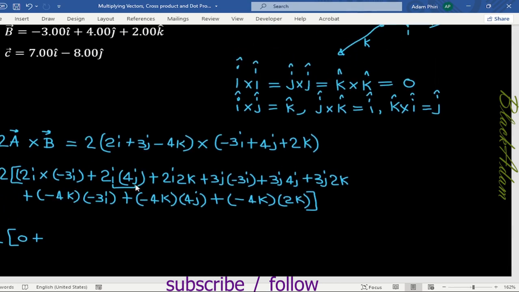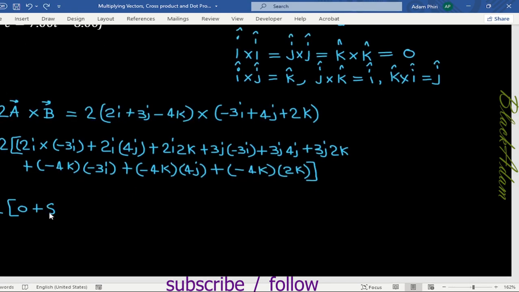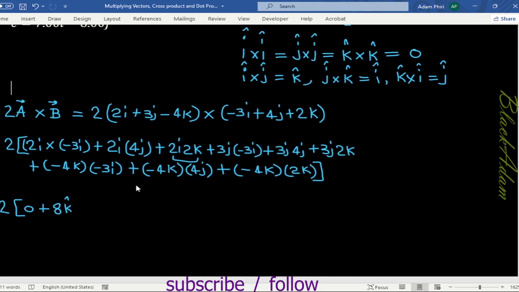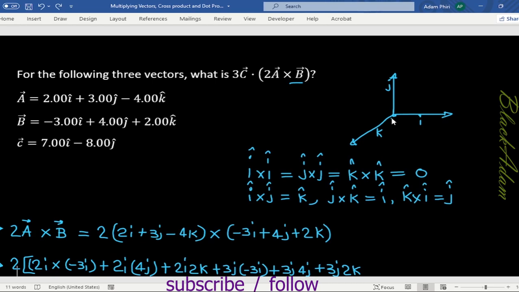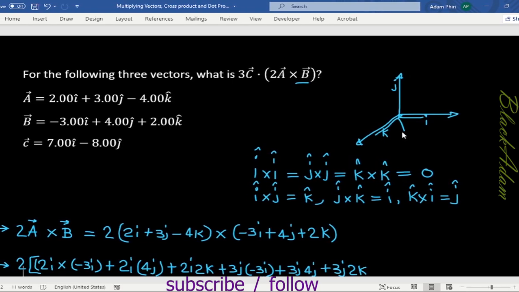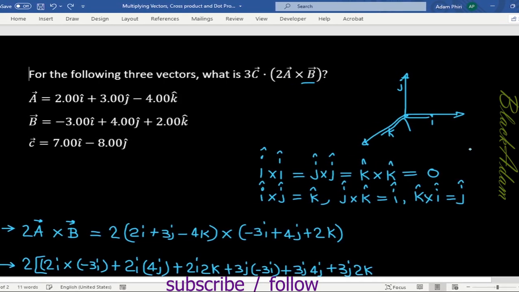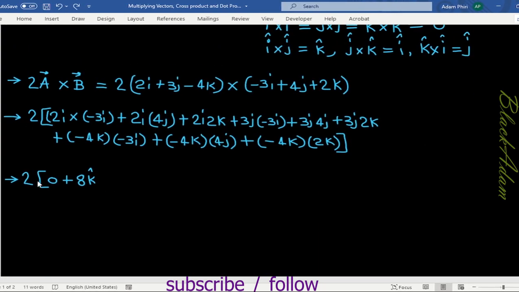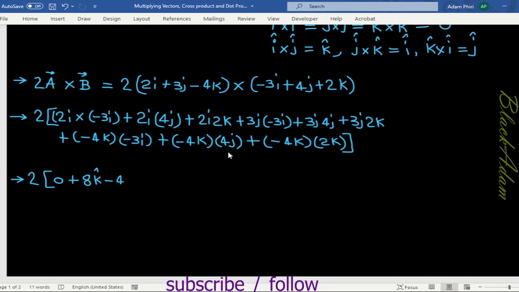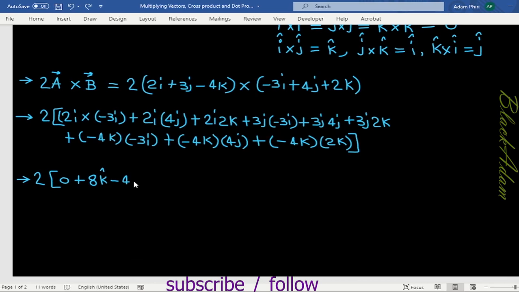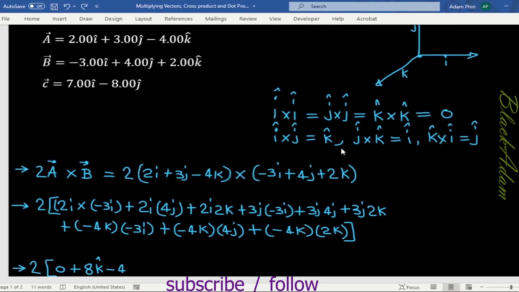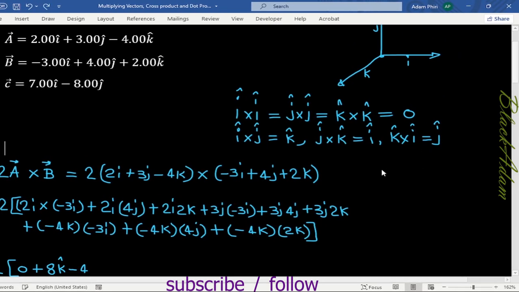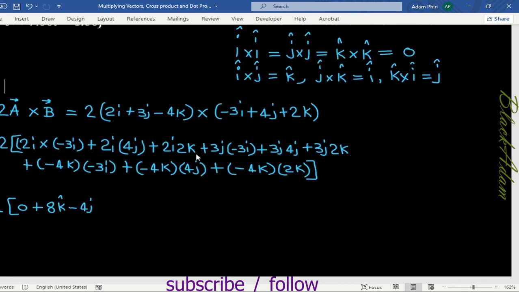And then i multiplied by j is equal to k, so that is 8k. And then 2i multiplied by 2k, using the right hand rule, the sign there is going to be negative. So negative 4, i times k, i times k is equal to j, so negative 4j.